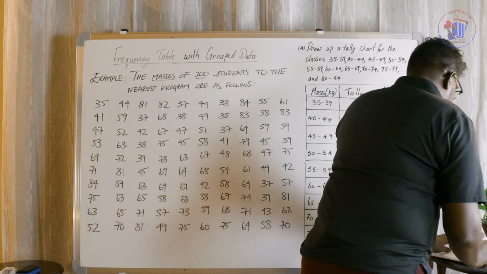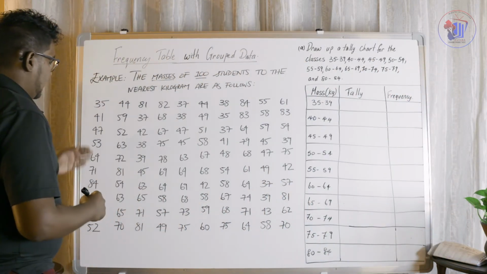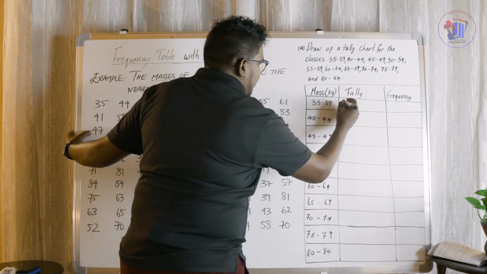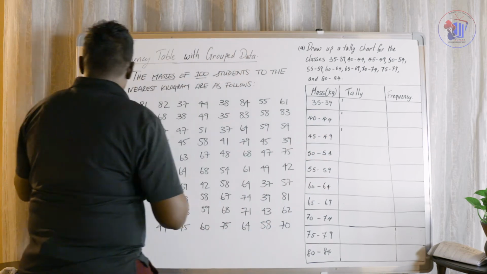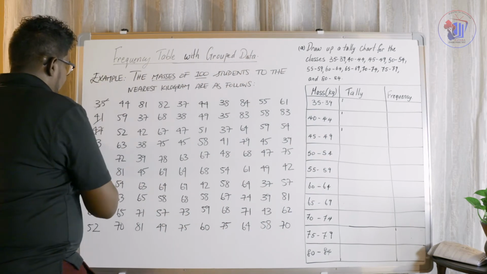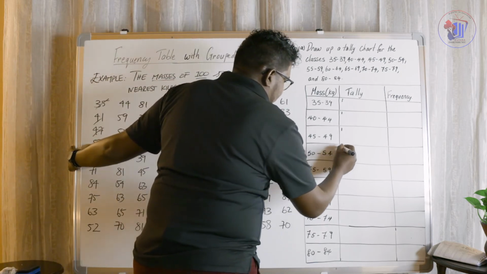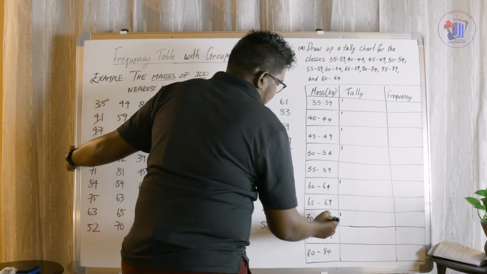So let's start. I'm going in columns: 35, 41, 47, 53, 64, 71.